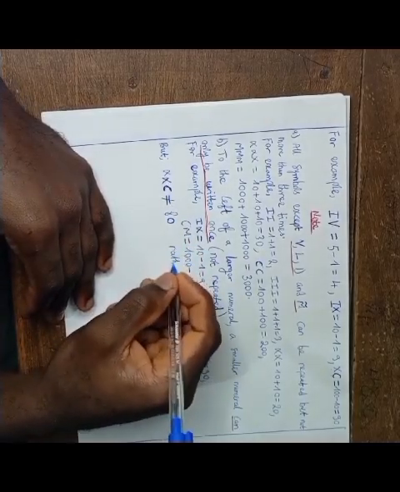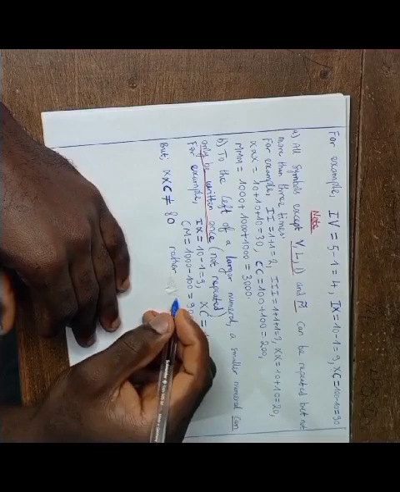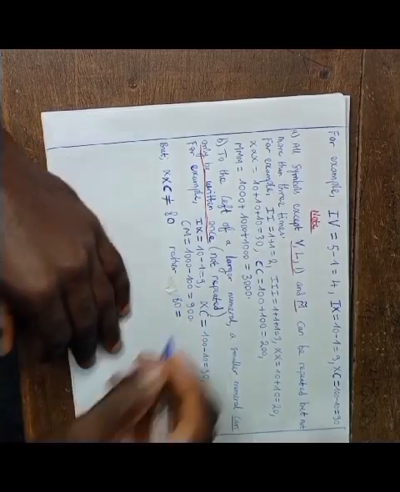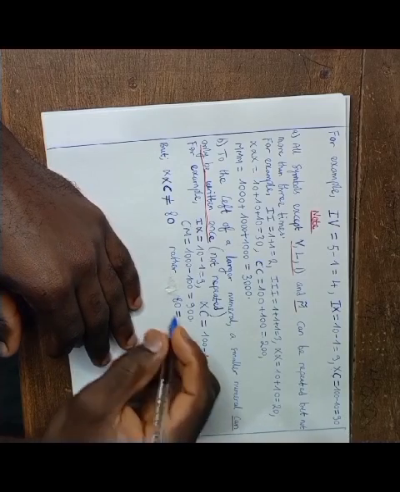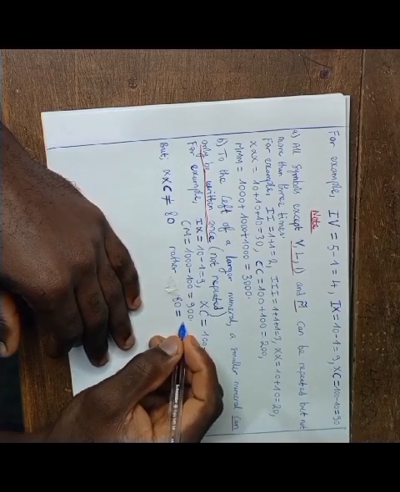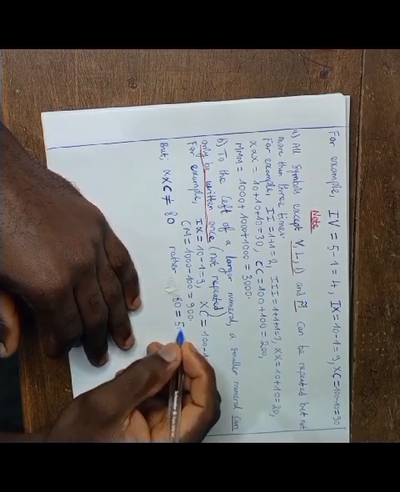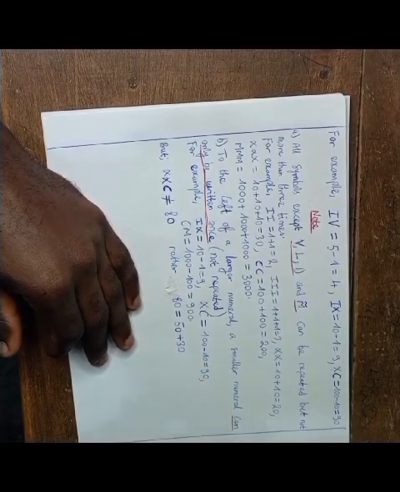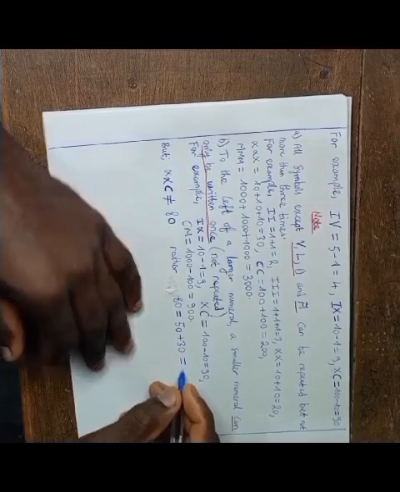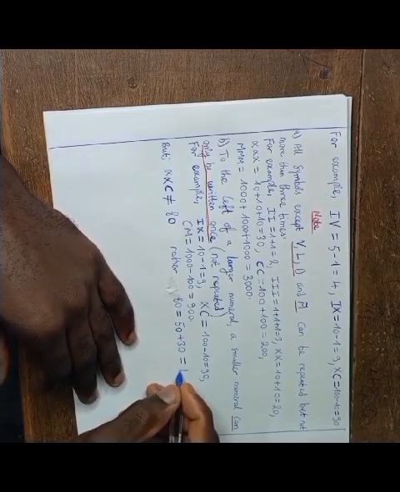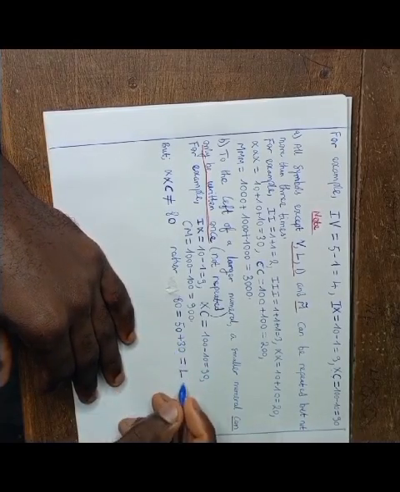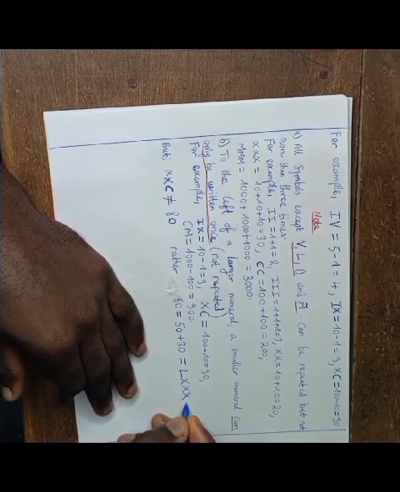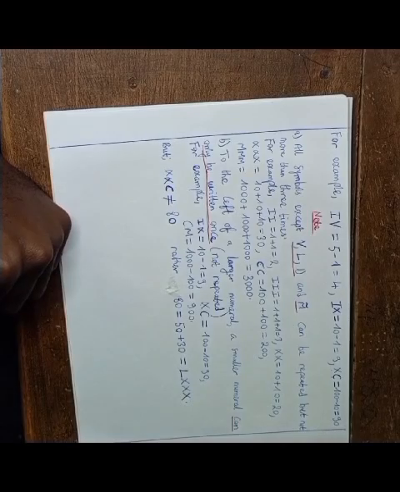Rather, we represent the number 80 by using LXXX. So 80 is equal to 50 plus 30. We represent 50 by using an L, and 30 using 3 X's. This is the number 80.